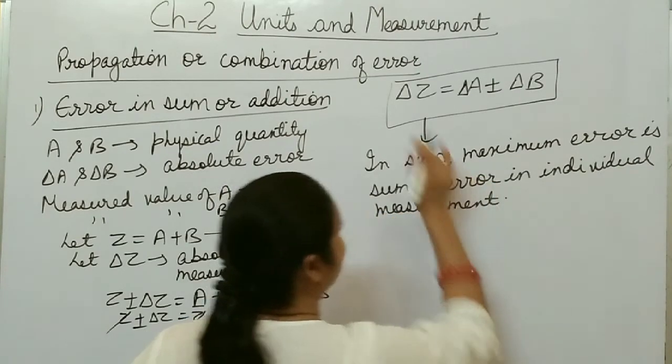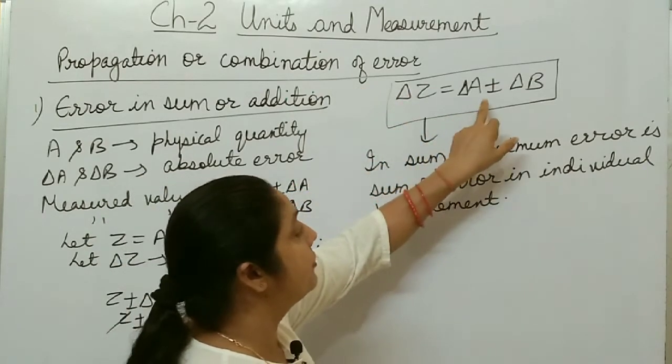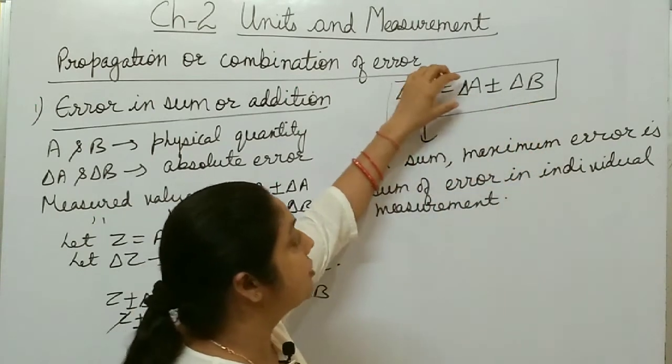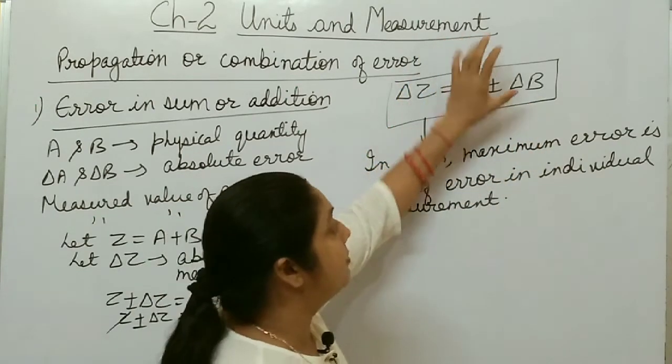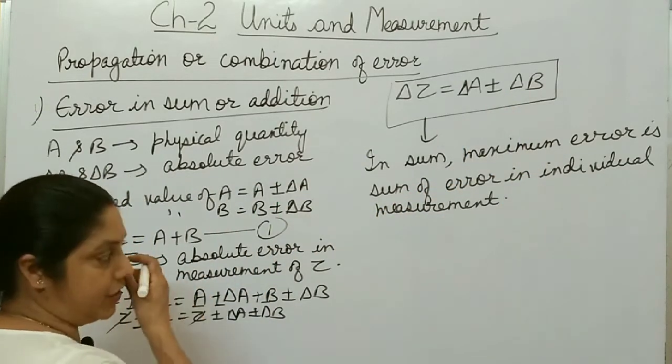This is the maximum error in case of addition. How much error in the measurement of A and B? It is just added. This is the case of addition or sum.